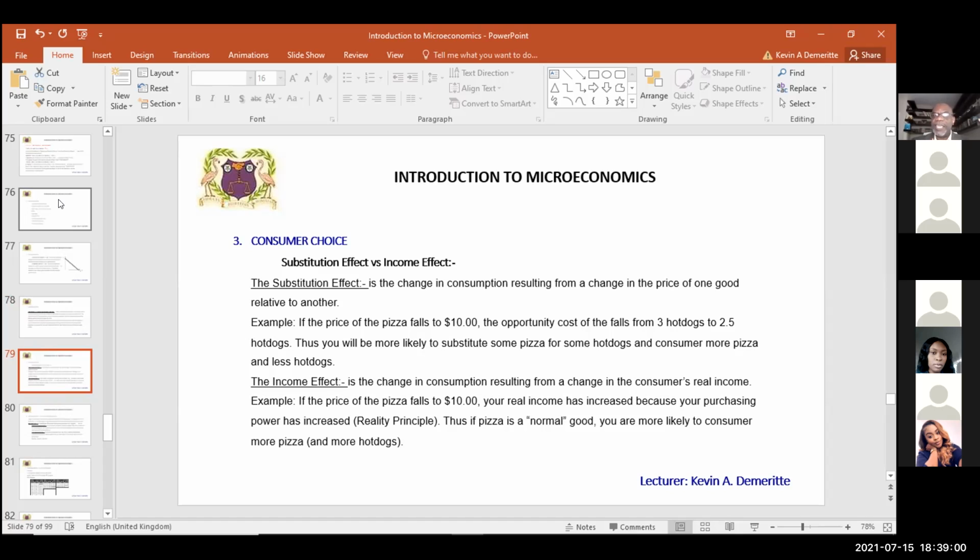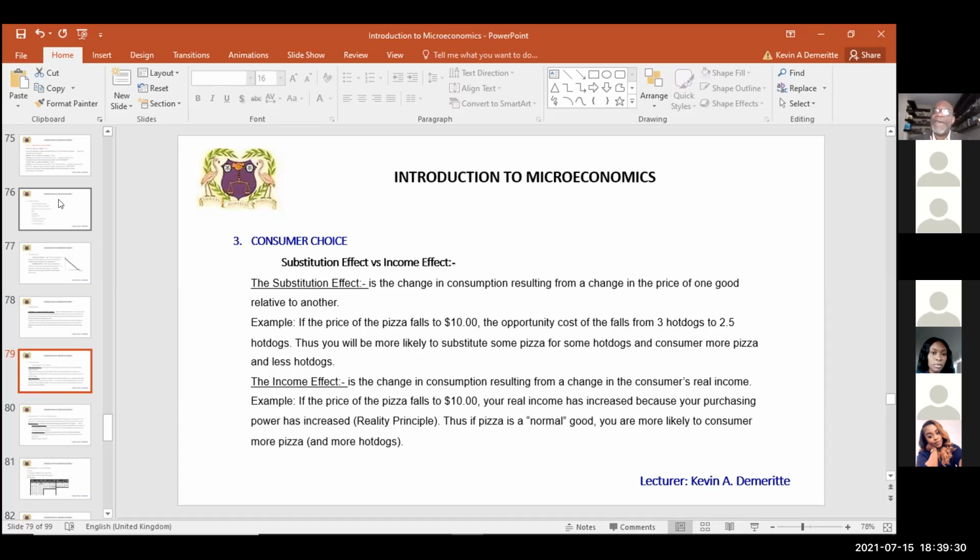But technically speaking, you can have more pizza because your $12 will buy you not only the $10 pizza, plus a little bit more if they were trying to sell a little bit more. And since we already know you prefer pizza to hot dogs, you can end up buying more pizza and less hot dogs. That's the substitution effect. Yeah. If the price goes down, well, I can buy more.